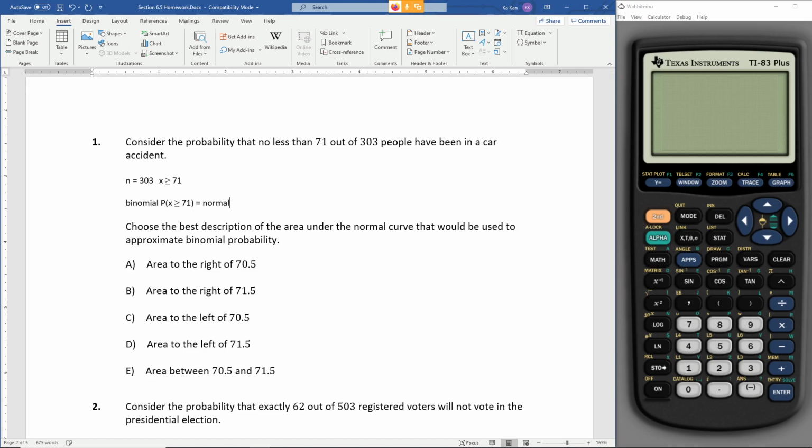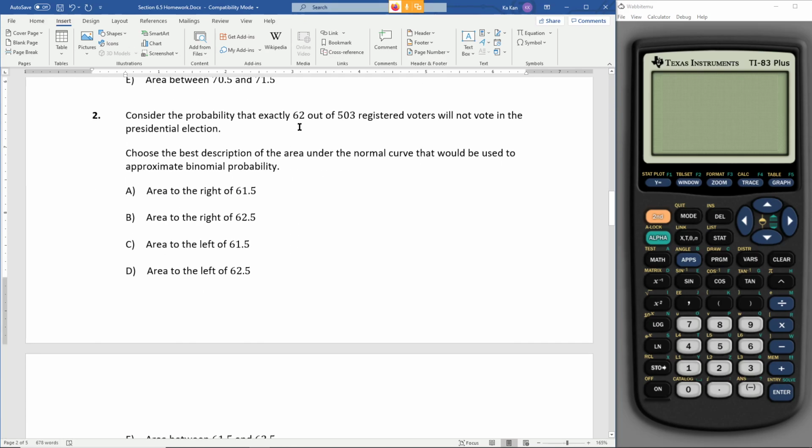In normal distribution, there will be probability of x bigger, right, strictly bigger than... remember 71 means you're going to start out at 70.5, like that. Because 71 in normal distribution means 70.5 to 71.5. So you got to take from 70.5 since you have to include 71. So there will be area to the right of 70.5. That will be A. That's the answer, right?